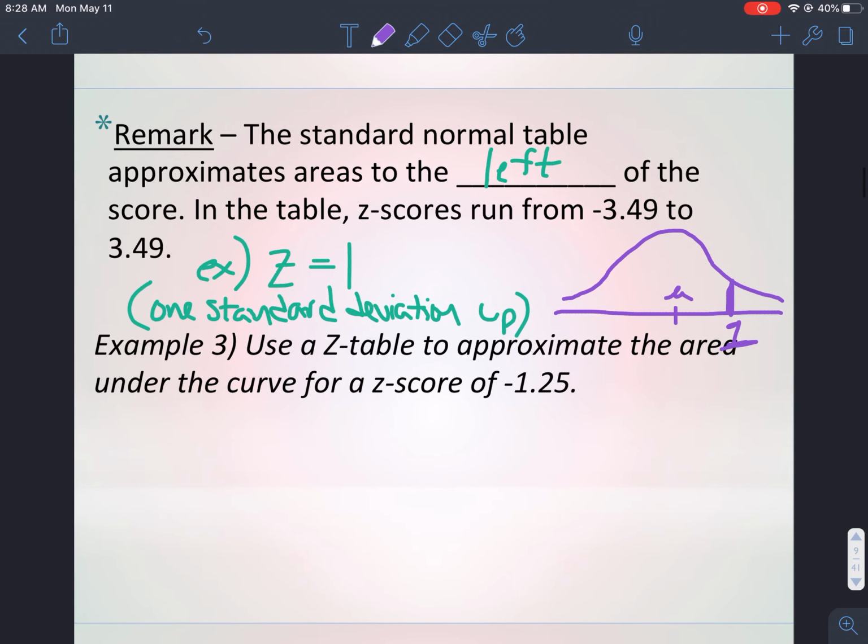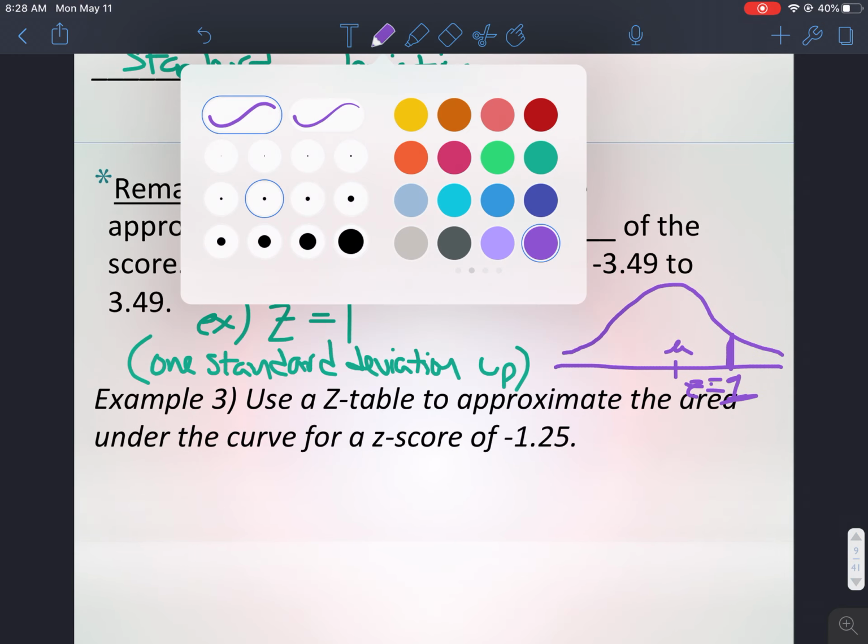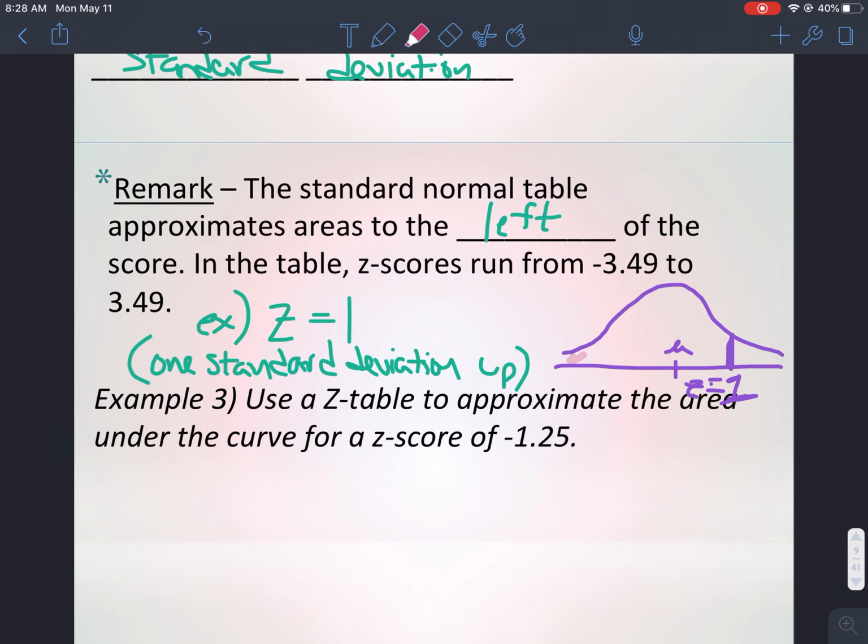So if we're z equals 1, the standard table will give you the area under the curve to the left. Okay, so to the left of that score would be approximately 84% of the data. Okay, notice that this is not 68, 95, or 99.7.